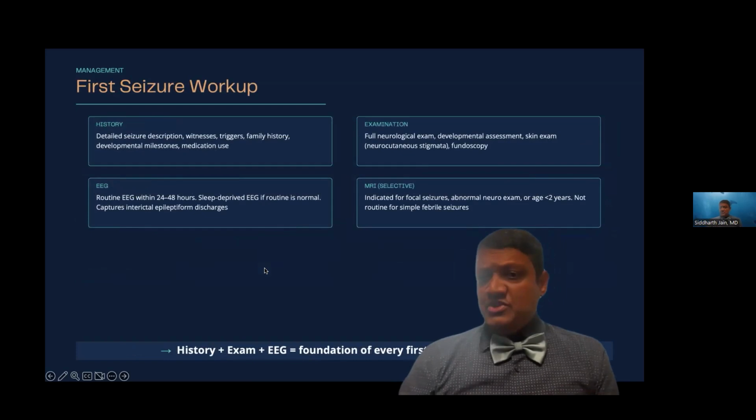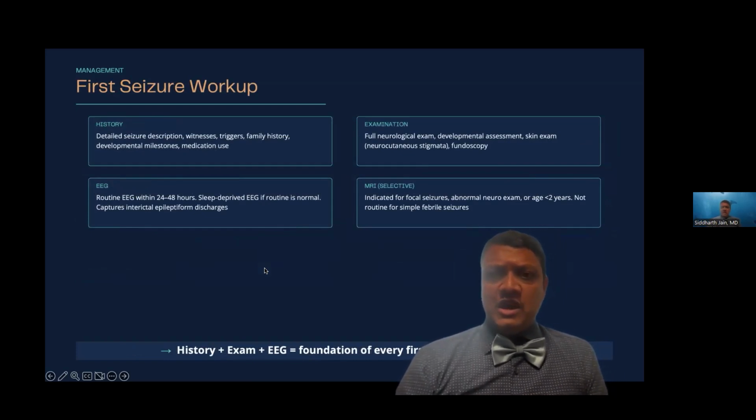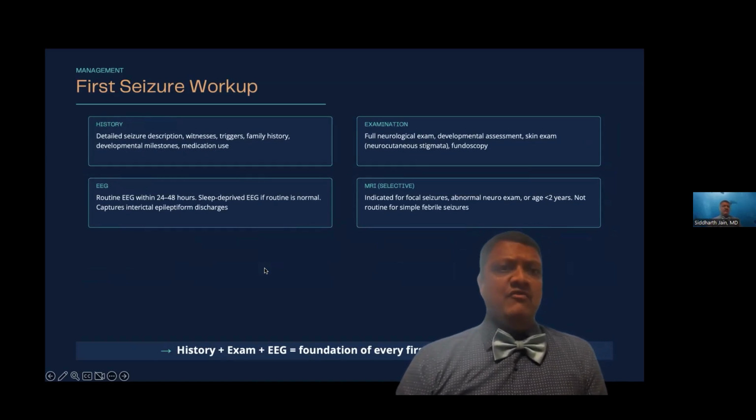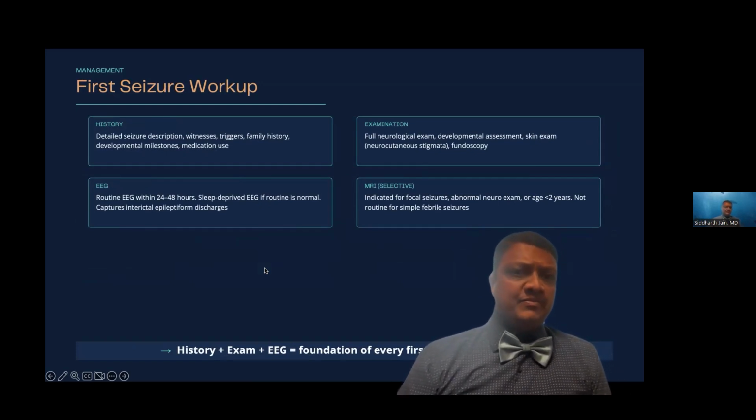But putting this together, when the patient does present with their first unprovoked seizure, our workup involves obtaining a detailed history, and these are all the questions and clues that you might be looking into depending upon how the patient presented or what the event actually looked like.